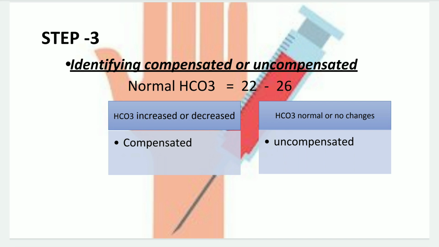So that is called compensated. But when HCO3 is in normal level and no changes at all in the value, that means HCO3 is not trying to bring the pH level into normal level. So it is uncompensated. So that is all about it.